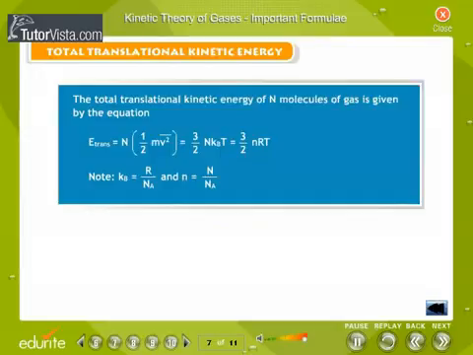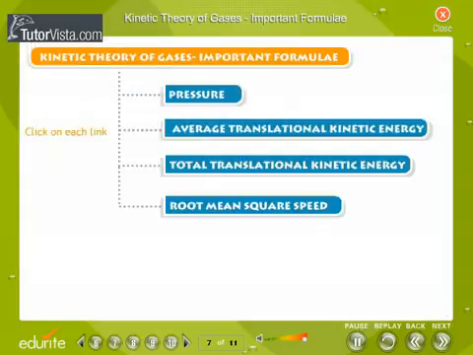The total translational kinetic energy of N molecules of gas is given by the equation. Note, here we have considered Boltzmann constant kB to be equal to R by NA and the number of molecules N to be equal to n by NA.